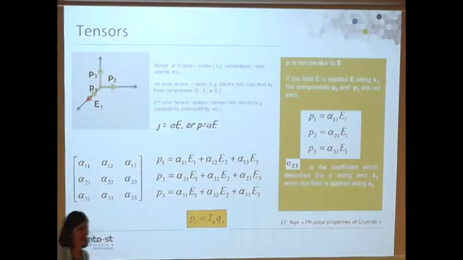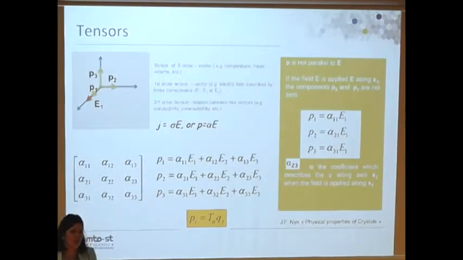So why do we need tensors? What do we describe with tensors? It's a mathematical approach to describe the properties of not well symmetric, non-isotropic, anisotropic materials. That's why we need tensors. So the aim is: I apply the field, for example, along axis 1 or x.